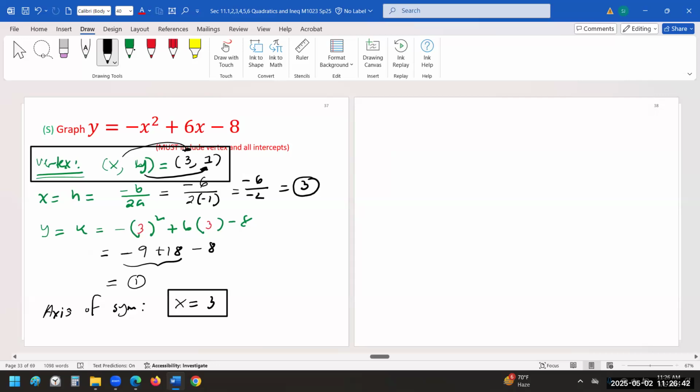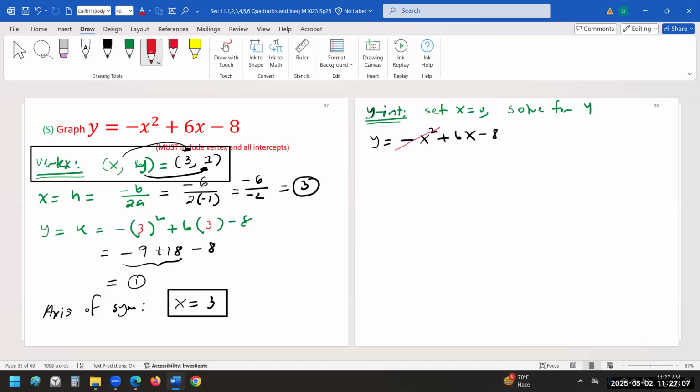Let's find the y-intercept next because it's easier. To find the y-intercept, we set x equals 0 and we solve for y. So the equation is y equals -x squared plus 6x minus 8.